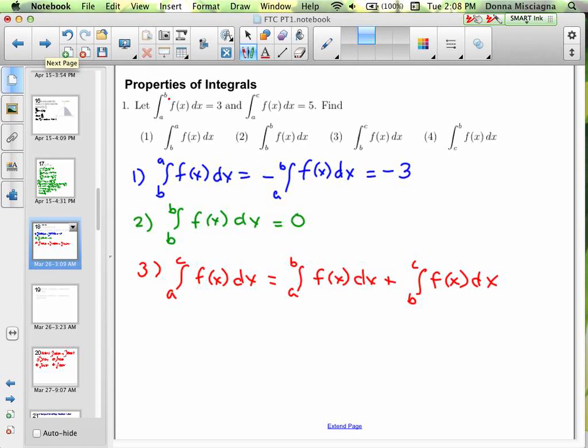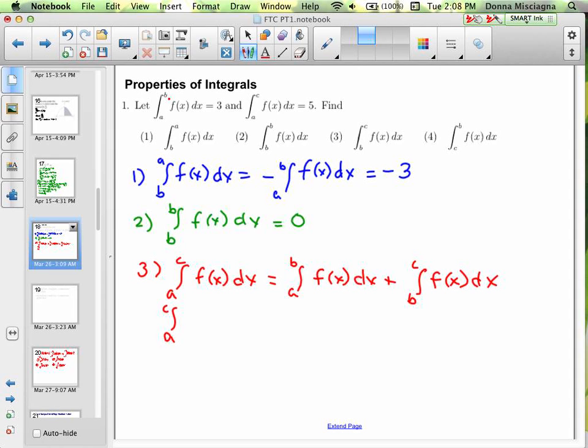All right, and we were given A to C. That's no problem. We're given A to B, and we want B to C. So now if we just subtract from both sides, I think it's the same thing we had before, but it's easier to see now.